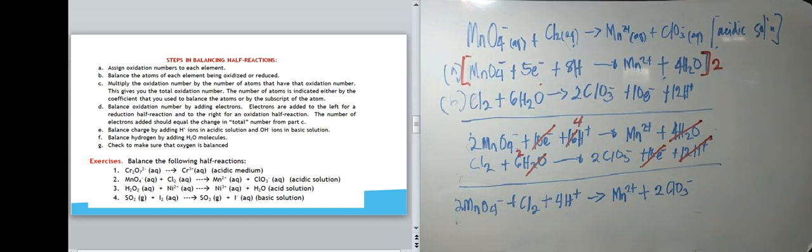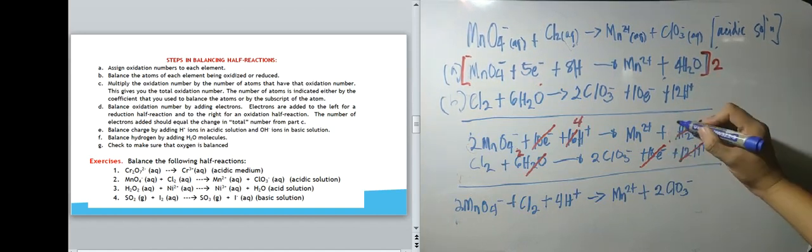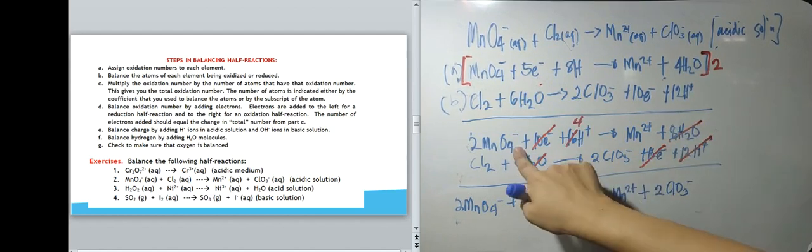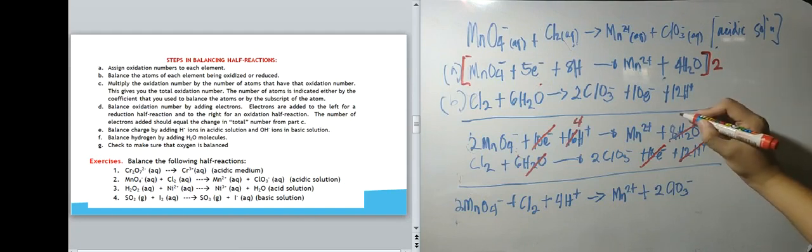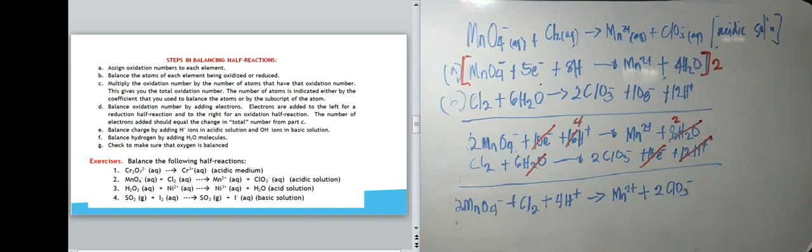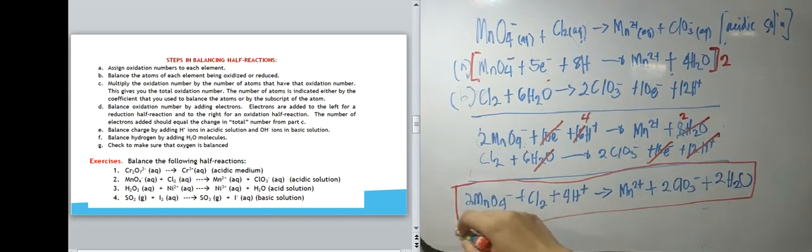There. Oh, I'm sorry. 8 pala ito. 8. So, therefore, cancel to. We have 2. Yeah. So, plus 2 water. So therefore, this is the overall or net chemical equation.